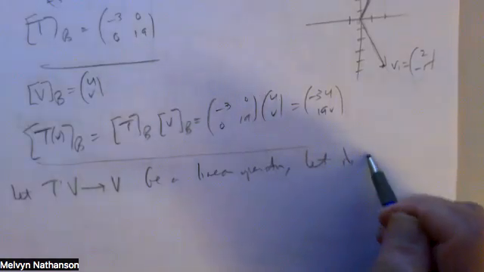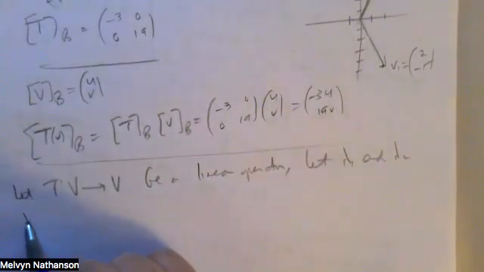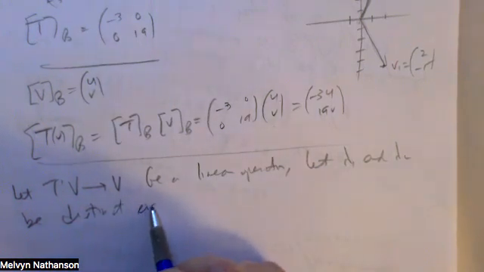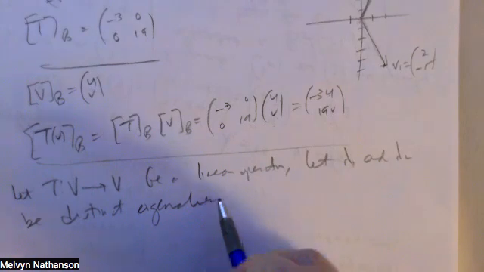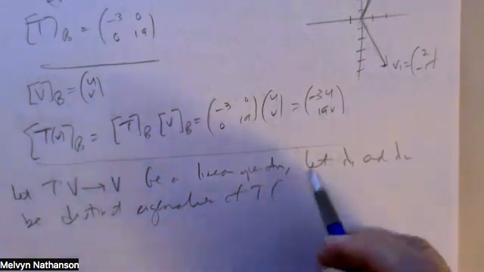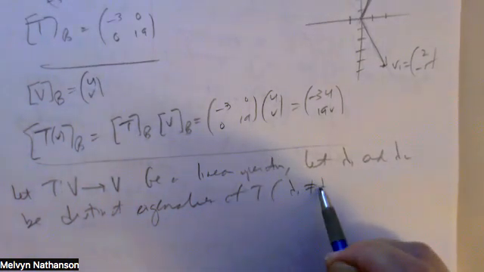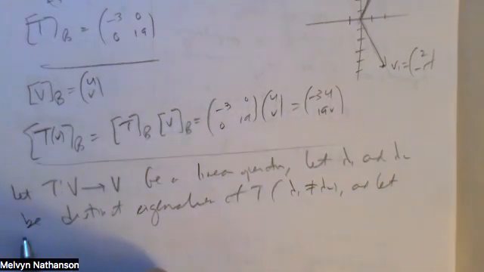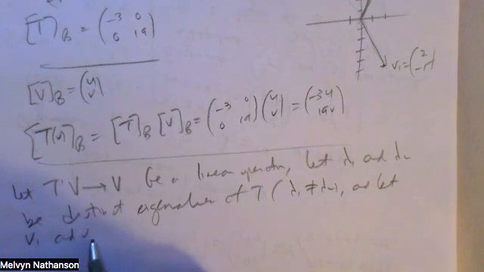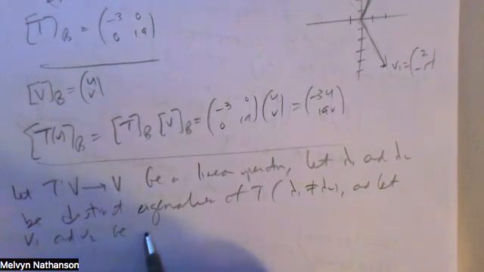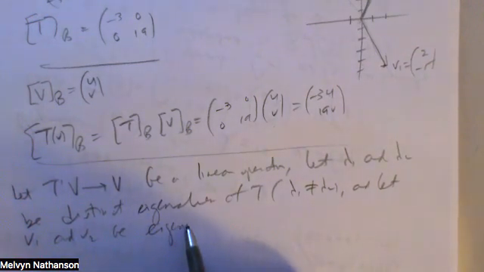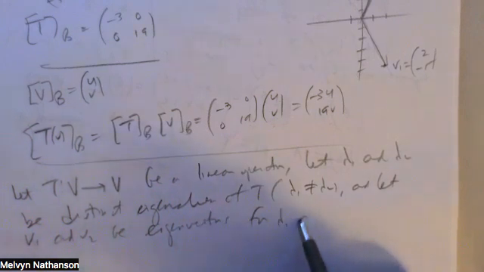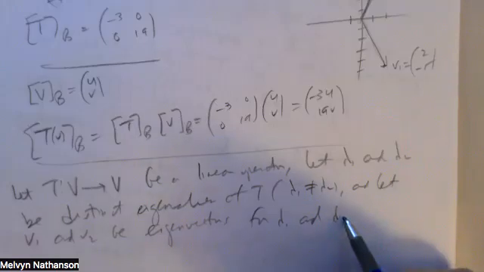Let lambda 1 and lambda 2 be distinct eigenvalues of T. Distinct means lambda 1 is different from lambda 2. And let V1 and V2 be eigenvectors for lambda 1 and lambda 2, respectively.